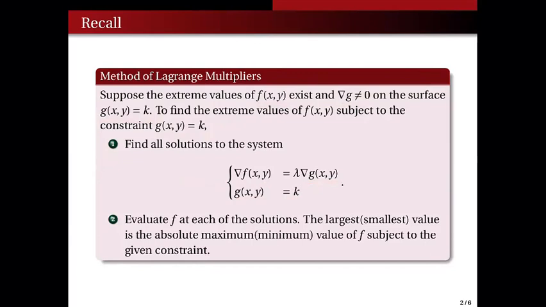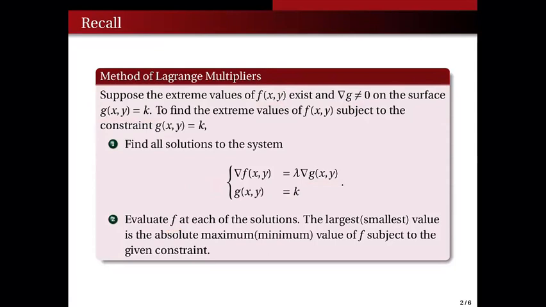The reason is, there should be an absolute maximum and an absolute minimum, unless our function is constant, meaning we just have a flat plane. Okay, so once we have the solutions to this system here, what we're going to do is evaluate each of them on the function f.